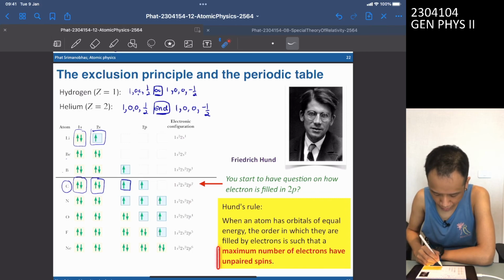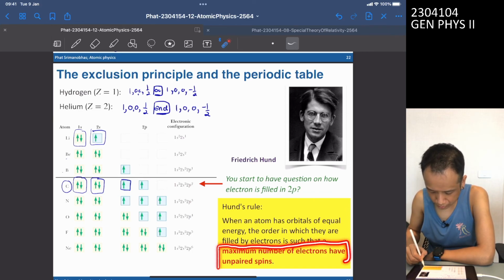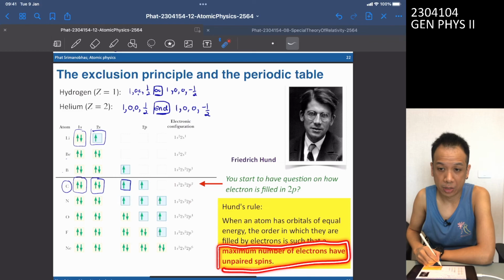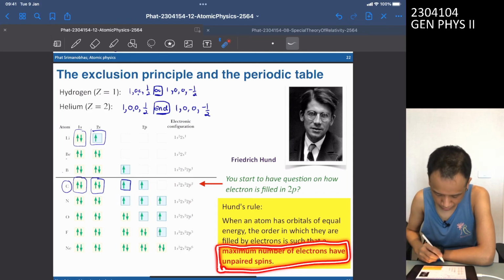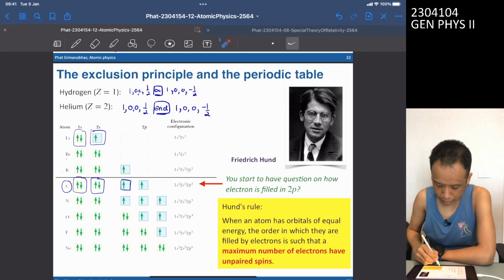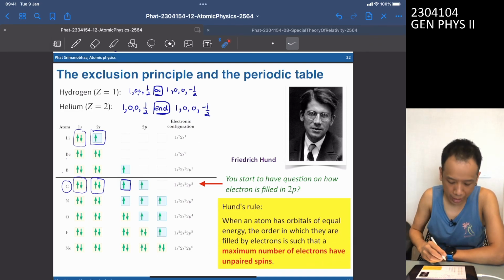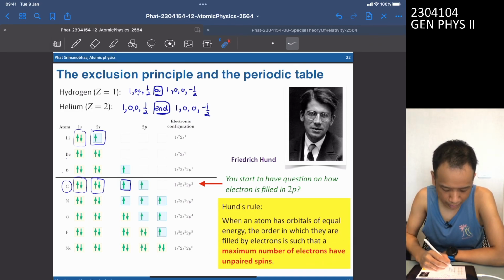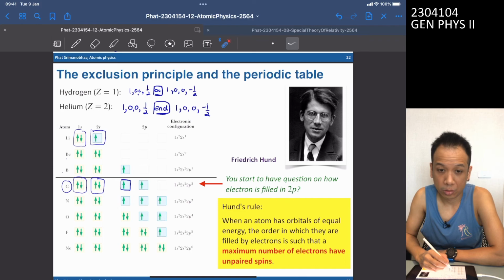Electrons would like to be unpaired. So with this rule, if you have 2 electrons in the 2p state, one needs to fill one orbital and the other needs to fill a different orbital.